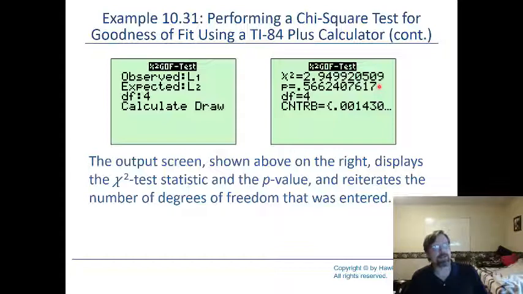So as we talked about in the hypothesis testing we covered last week, the p-value is the probability that would be associated with the t statistic or z statistic. In this case, it's the probability associated with this chi-squared value.